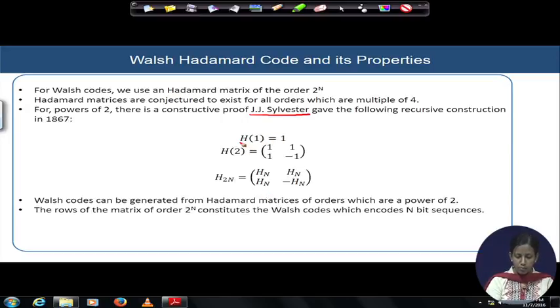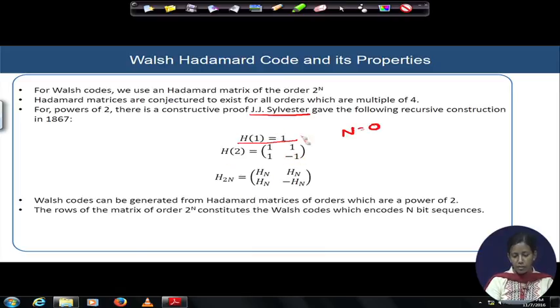Suppose the first Hadamard matrix we start with is H1, where capital N is equal to 0, and you have one element inside the matrix. From here the higher order matrix H2 will be generated like this, where the same H1 is repeated in the first column and the first row, and the last element will be the conjugate of this.